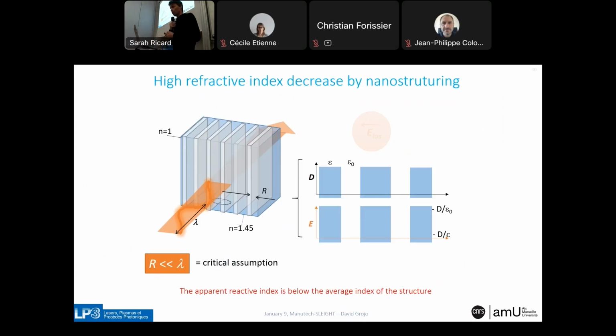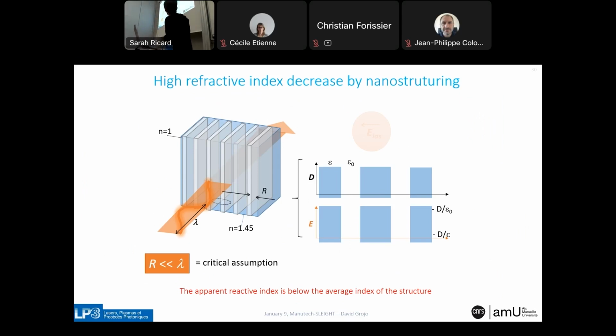The way we can explain this large negative index change is the same way you can explain the response of some photonic crystals. If you assume that you have made planar voids inside the glass, and each plane has a size much smaller than the wavelength, then you can assume that the field is uniform in each region.